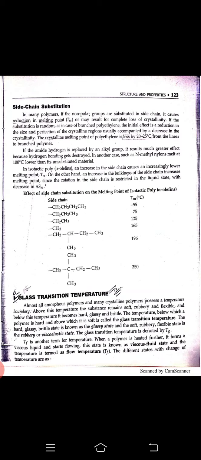The temperature below which a polymer is hard and above which it is soft is called the glass transition temperature. The hard, glassy, brittle state is known as the glass state, and the soft, rubbery, flexible state is the viscoelastic state. The transition temperature is denoted by Tg.